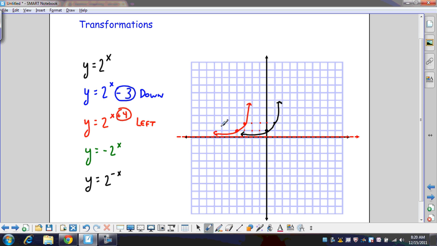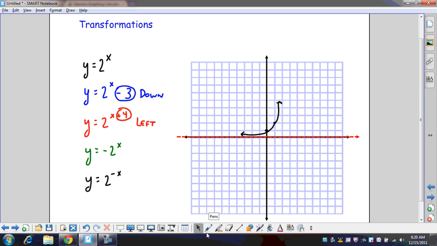My asymptote would only move if I was shifting up and down like we did in that blue graph. But since I'm only moving to the left here, my asymptote does not move off of y equals 0. So now I have my 2 points plotted, and I'm just going to go ahead and draw my curve. That's it.